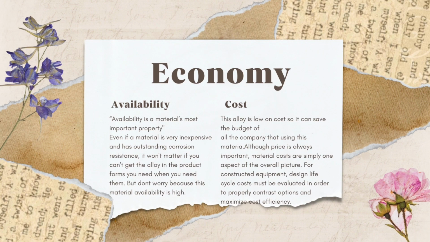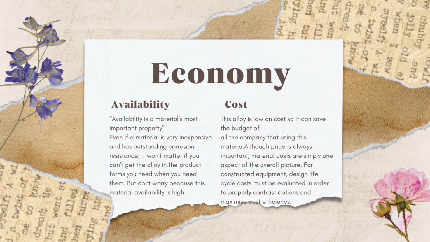First, the benefit to the economy is its availability. Availability is a material's most important property. Even if a material is very inexpensive and has outstanding corrosion resistance, it won't matter if you can't get the alloy in the product forms you need when you need them. But don't worry, because this material's availability is high.